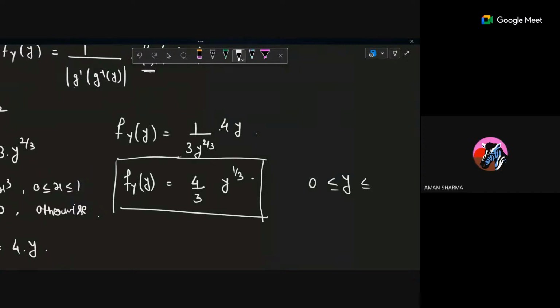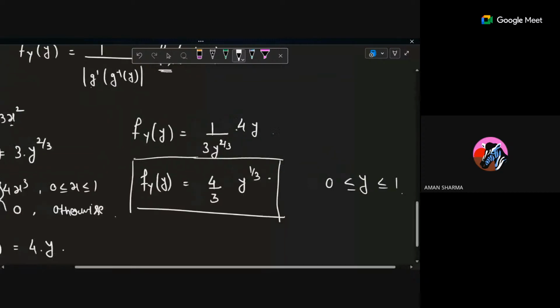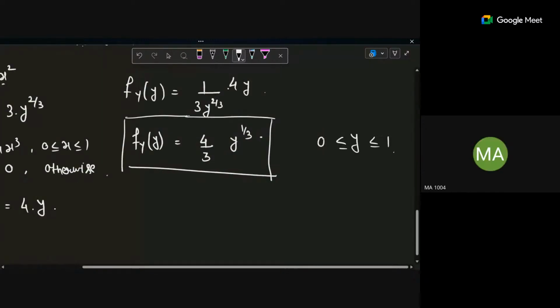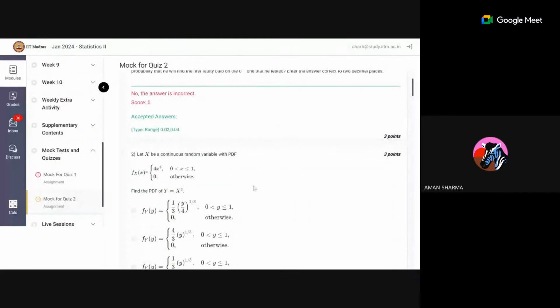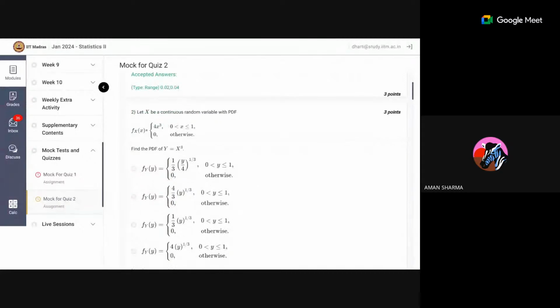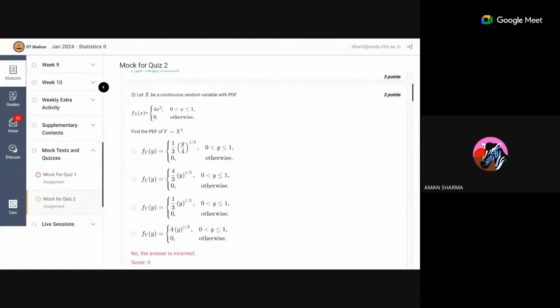So don't we have to put the y there? You're asking to put this g inverse of y in the range. In the support, x is greater than 0 and less than 1, so in that case we have to equate y there. You didn't equate it in your document.